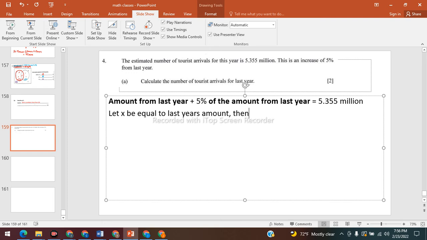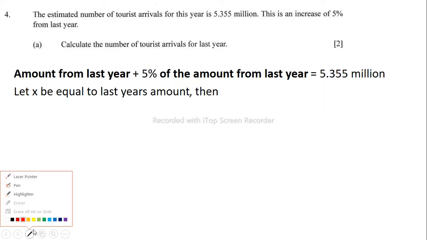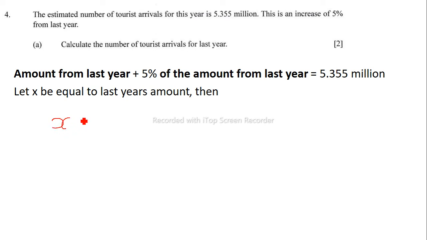Then the only thing we could say is that x, which is last year's amount, plus 5%, and 5% is 5 over 100, right? That's what 5% is. 5 over 100 of the amount from last year is going to be equal to 5.35 million.